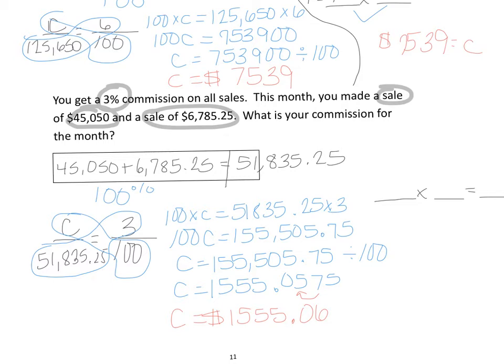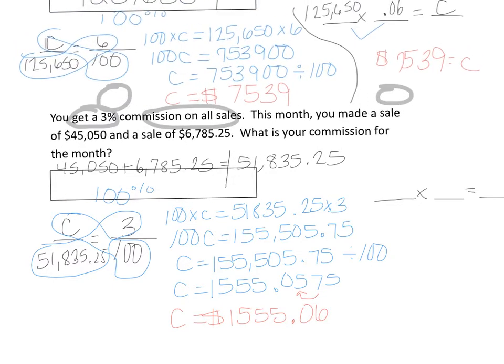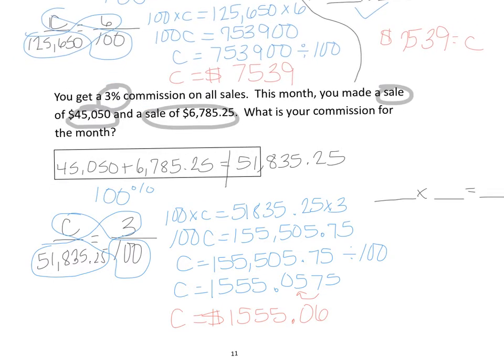And we end up with the percent is 3%. Which we know we've got to take the decimal point, move it 2 spaces to the left, and we get 0.03. And the entire sales that we had for the month was $51,835.25.